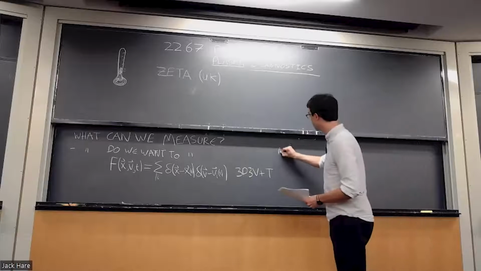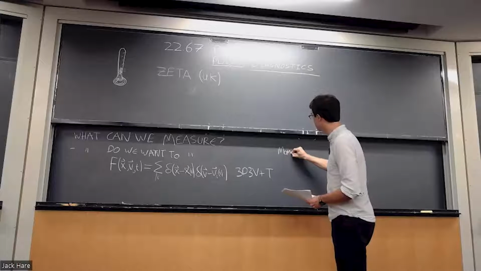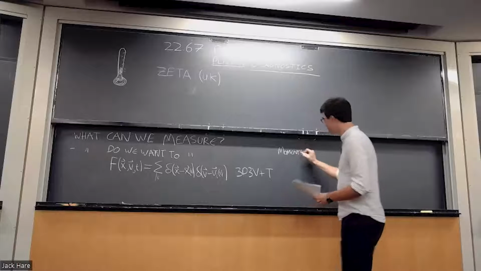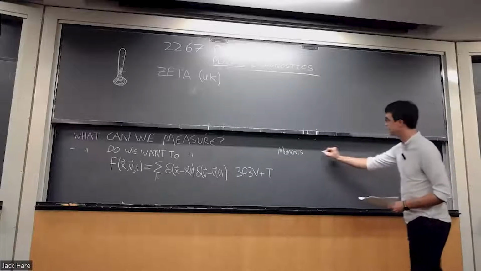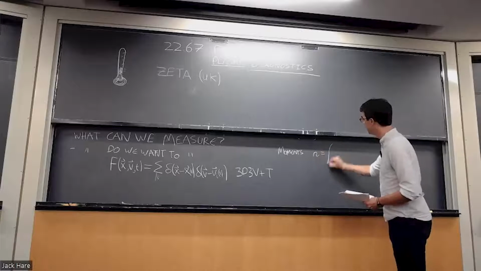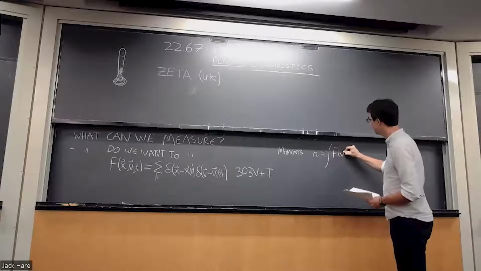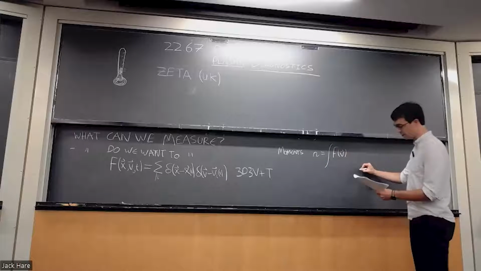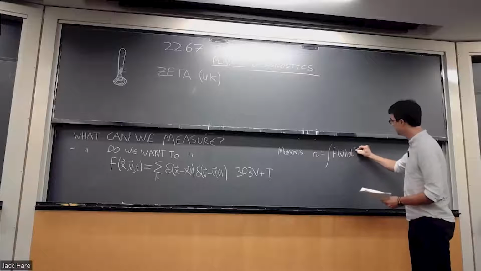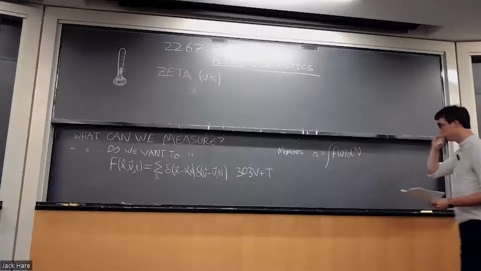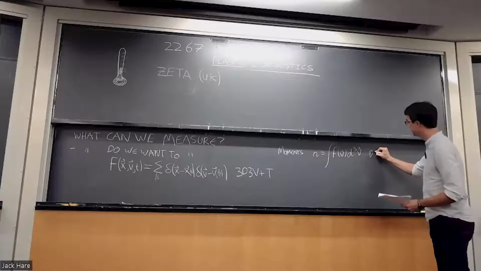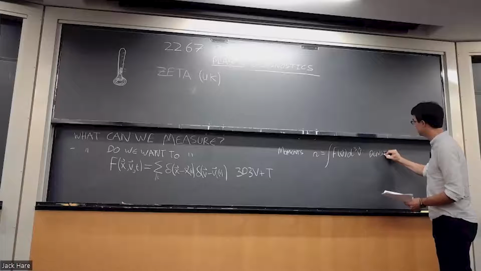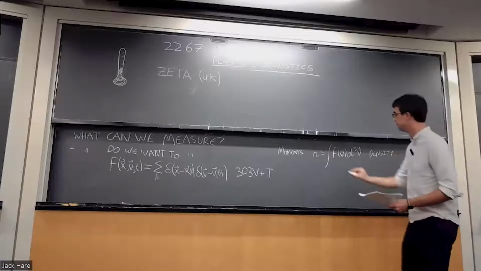So if we look at some of the moments that we can take here, we would have things like the density. And this is an integral over the velocity part of your distribution function, d3v. That's the density.